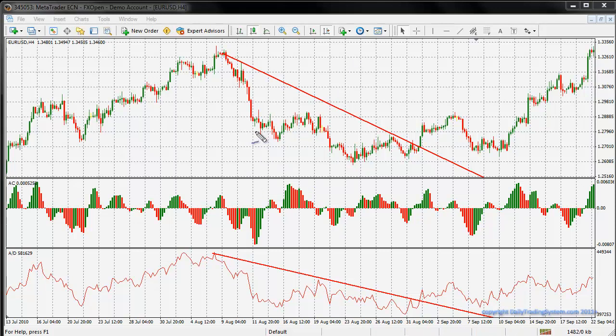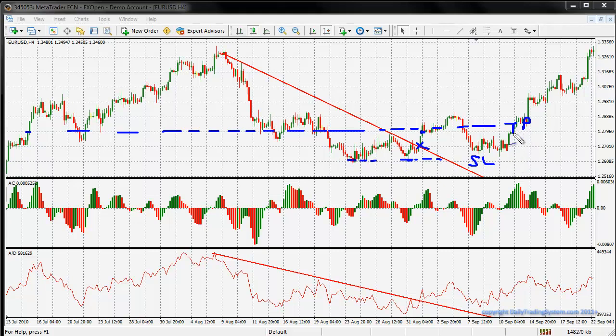If you guessed anywhere around here, when it breaks, and see where the market hit, if you guessed to have that as your TP, congratulations. If you used this area here as your stop loss, then congratulations, you got that right.